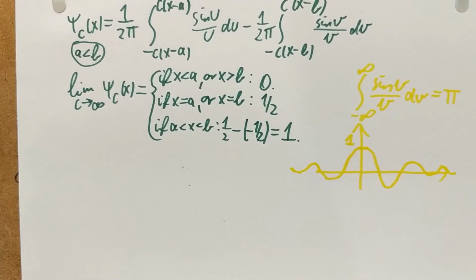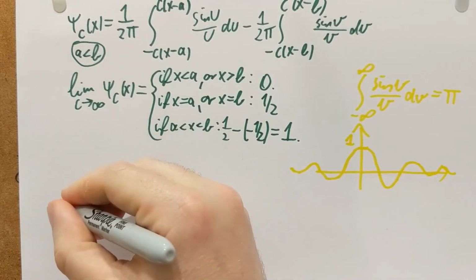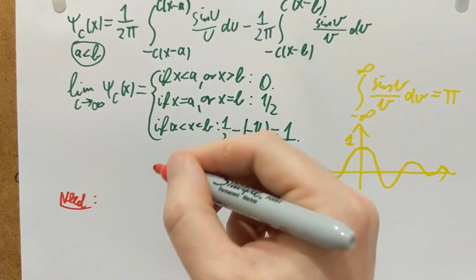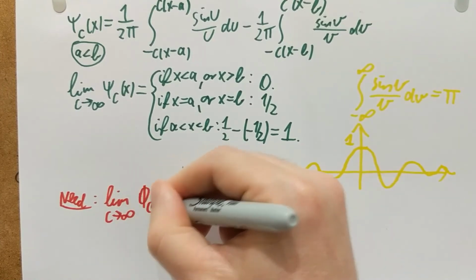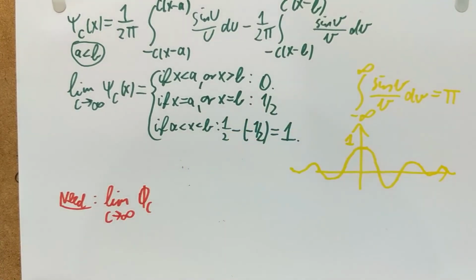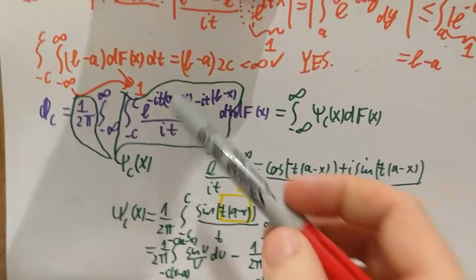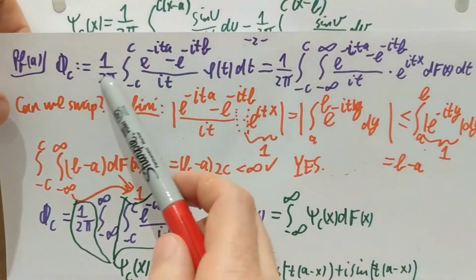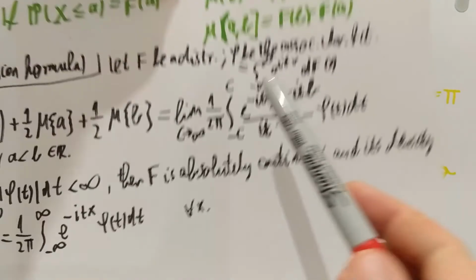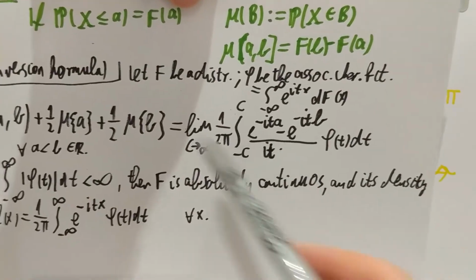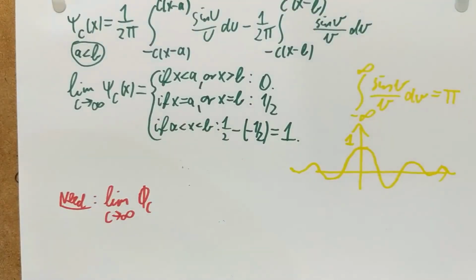What I need eventually is the limit as c goes to infinity of phi c. Again, phi was defined like this, and in my statement I claimed that I can take a limit of that quantity, and that should give me this mu expression there.